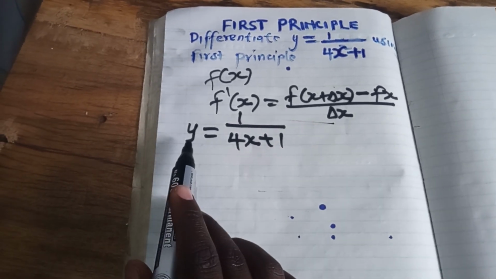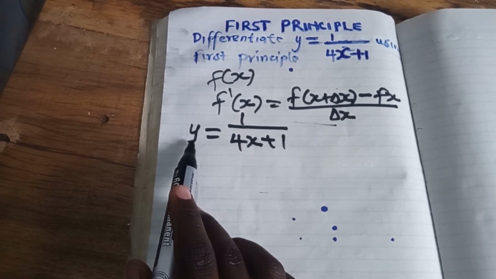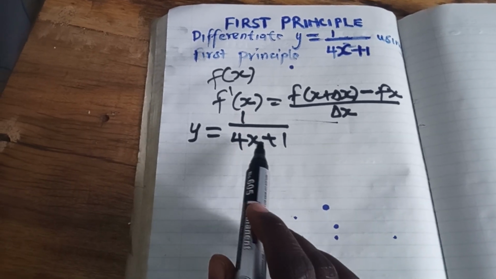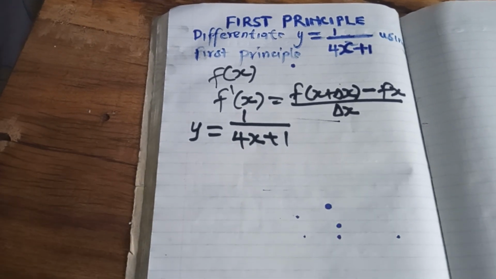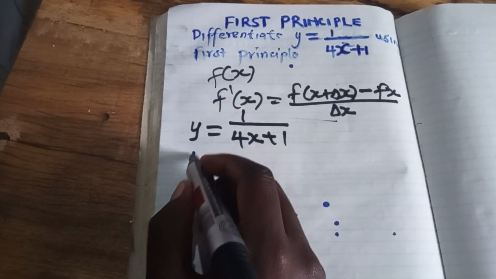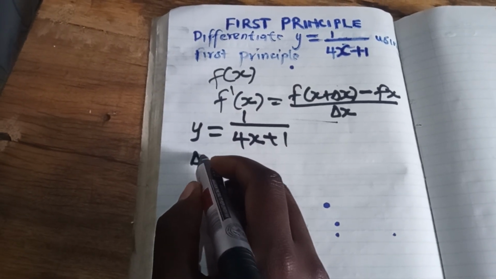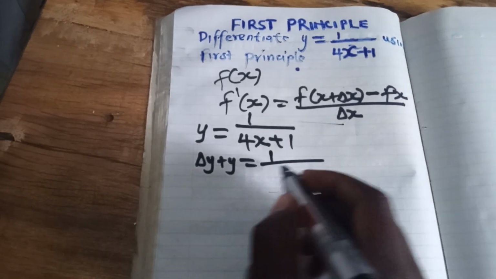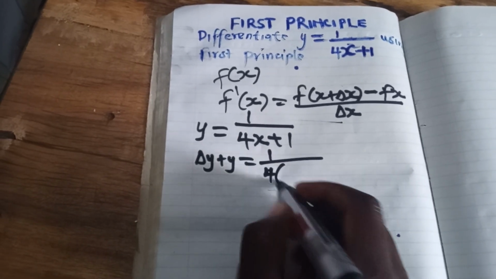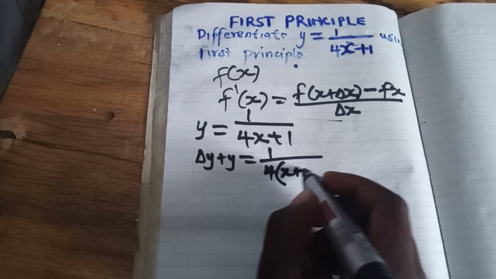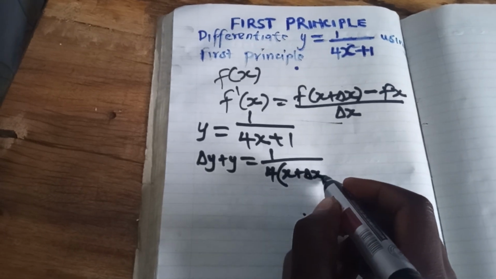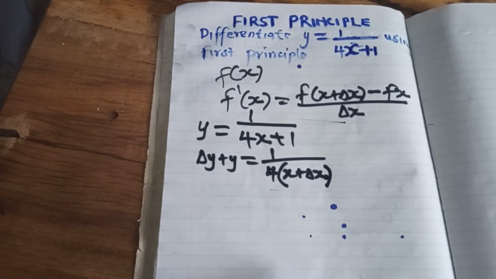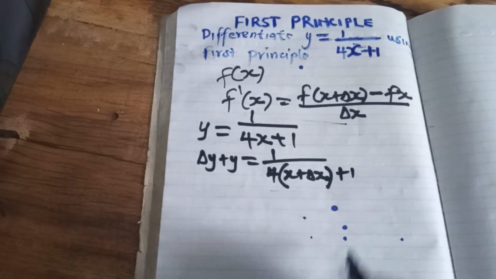Whenever we see the value of y, we add change in y. With the value of x, we add change in x. Let us now start. Change in y plus y equals 1 over, this is 4 times x plus change in x, close the bracket, plus 1.